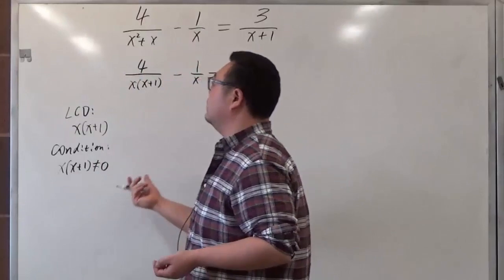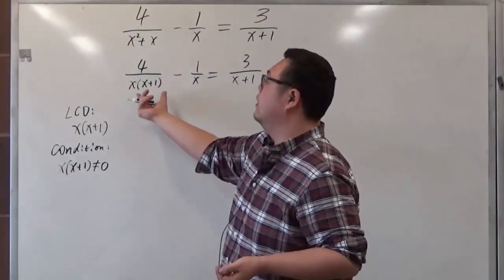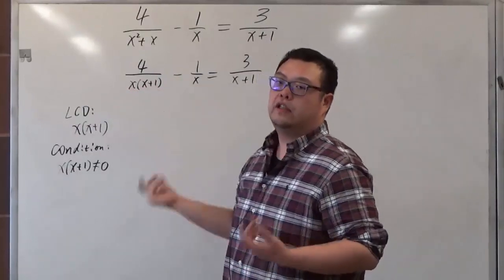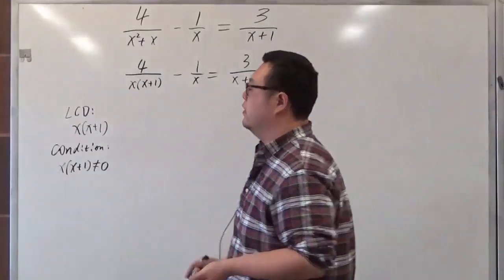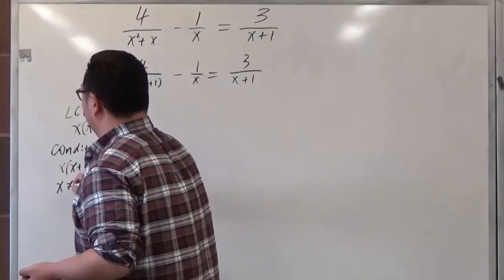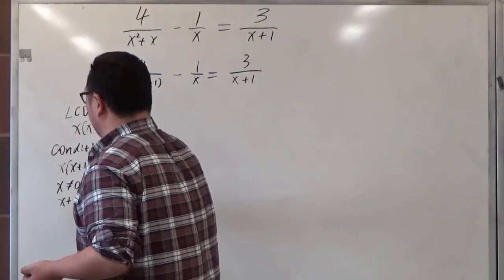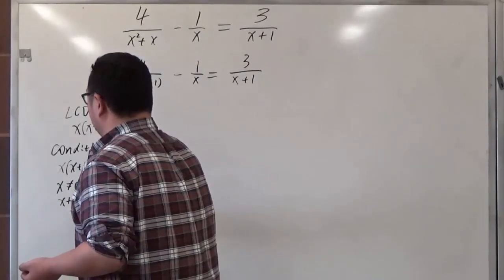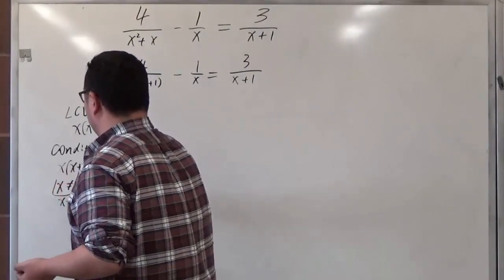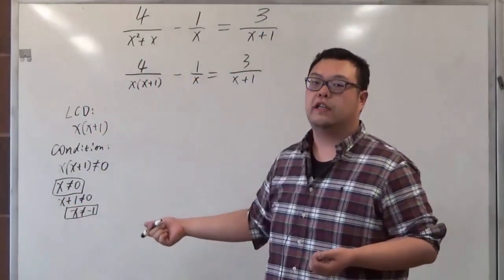If it equals 0, then the equation will be meaningless, because they are in the denominator, and a denominator cannot be 0. So we make the assumption that x cannot be 0, and also x plus 1 cannot be 0, meaning x cannot be equal to -1. So these two are the conditions.